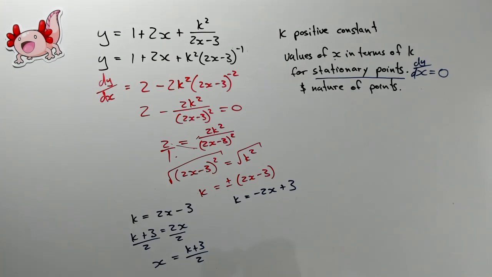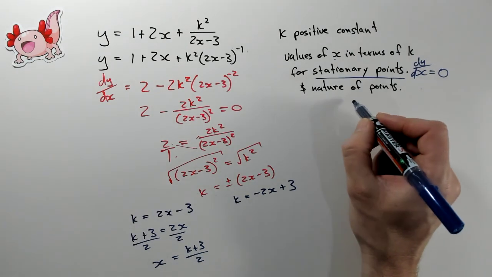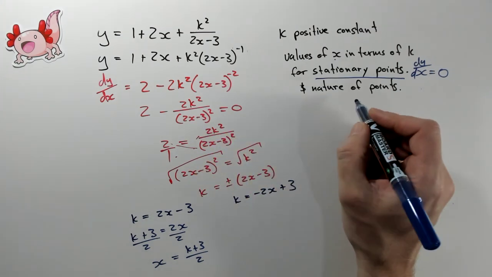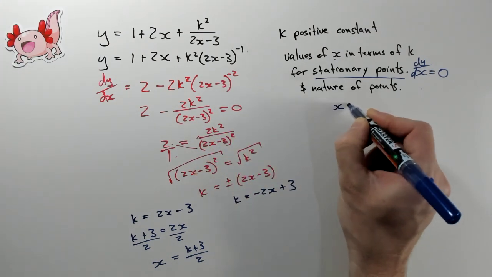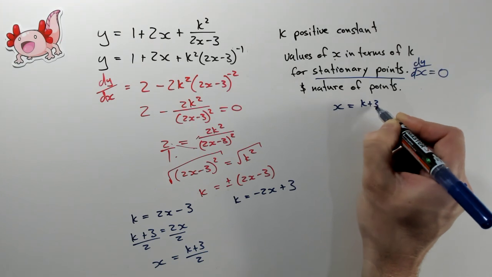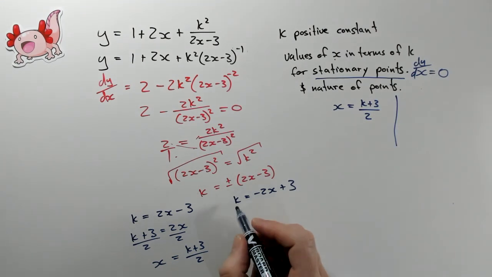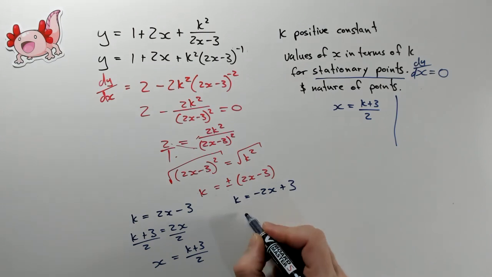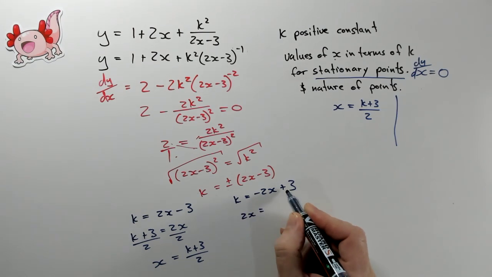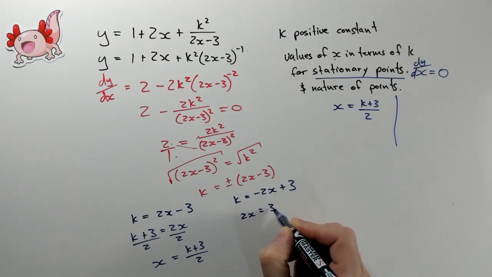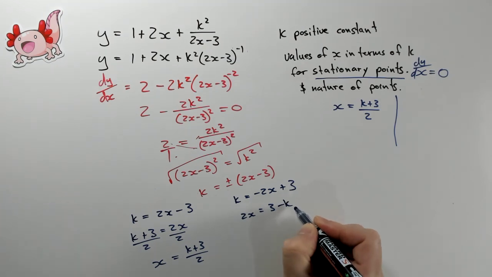That's one answer. I think I'll probably just write it here as one of the answers because I'm going to have to do some working out here. So one option is k plus 3 all divided by 2. That's option A. And then this one I have to rearrange. If the 2x comes this side, it's going to be positive. This 3 stays here. And then the k comes over, it's a negative k.